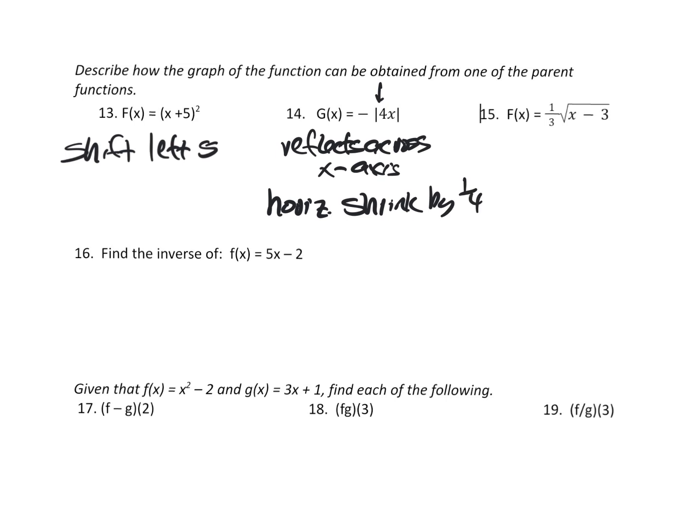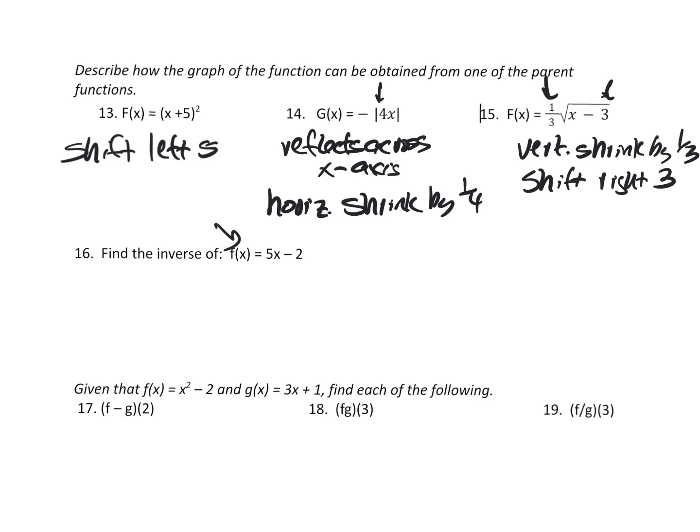A lot of you put reciprocal last time. And then the number in the front here is a vertical shrink by 1/3. And there's a -3 inside, which is the opposite of what you think. So I'm going to say shift right 3.